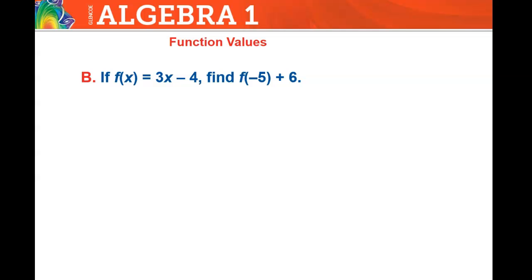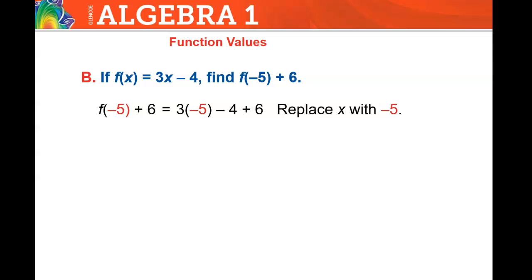If f of x equals 3x minus 4, what is f of negative 5 plus 6? So you plug negative 5 in for every x, and then we're going to add 6 to the end of the equation.